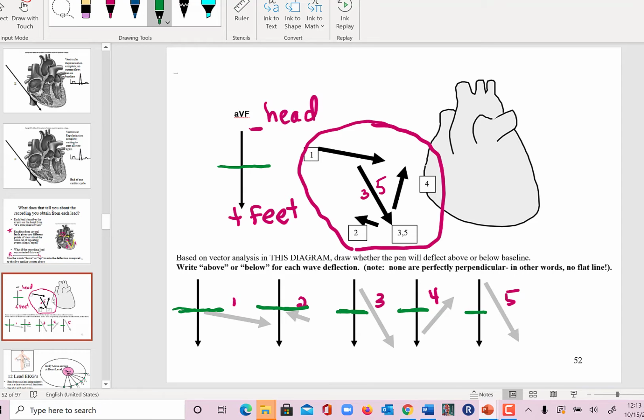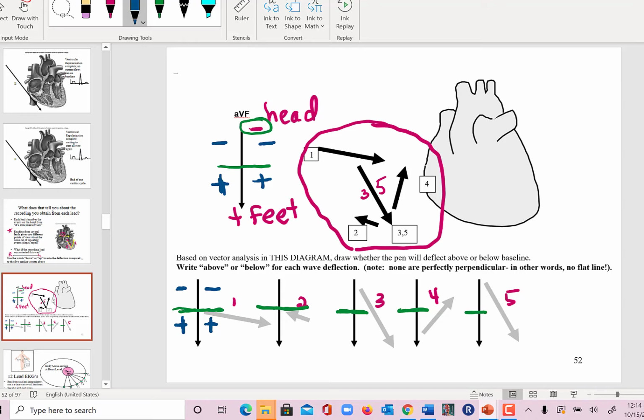We recognize that back here, the tail end is negative. And that means this quadrant and this quadrant both are negative. Yet these two quadrants towards the arrowhead are positive, aren't they? So by drawing a perpendicular bisector, we have separated that lead into 4 quadrants, 2 that are negative and 2 that are positive.